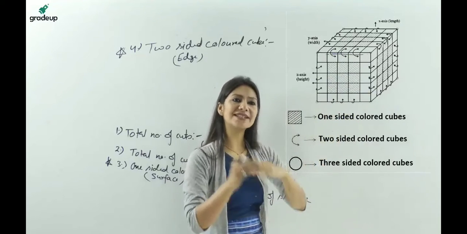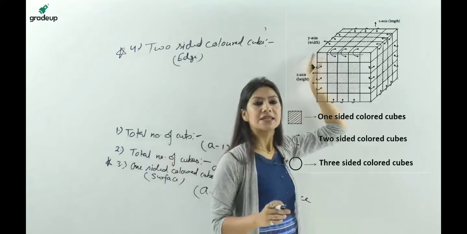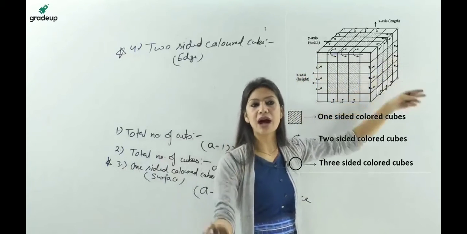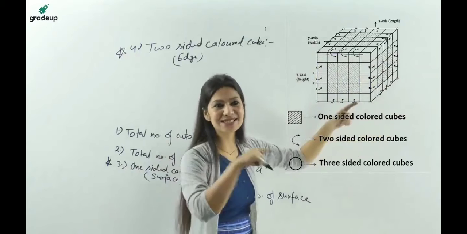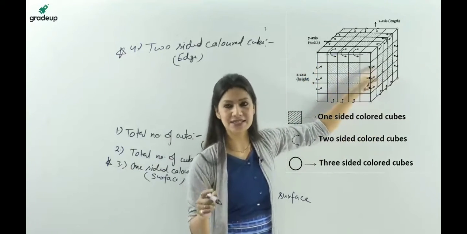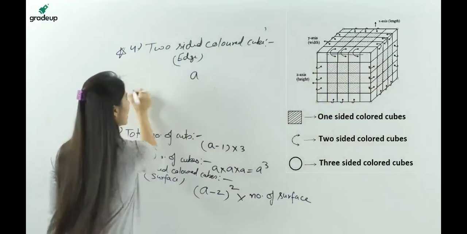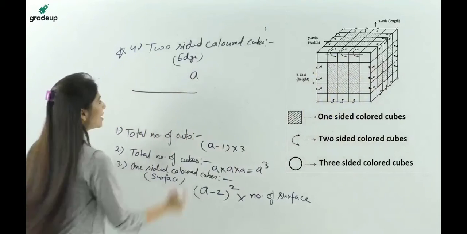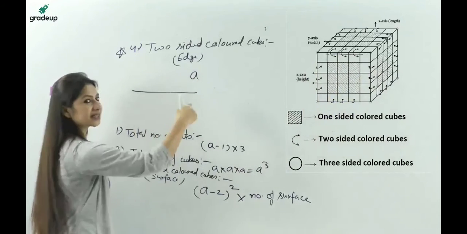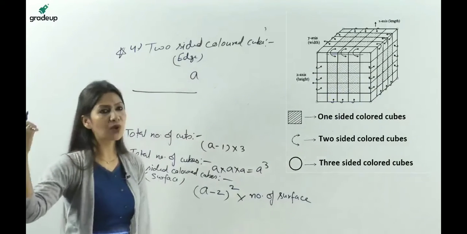But right now let's generalize it, okay? Instead of thinking of 5 parts, just listen. I can say that I have A parts in a single edge. This is one edge, and in one edge I have A parts. The value of A depends on our question. It can be 5, 6, 8, whatever it is.